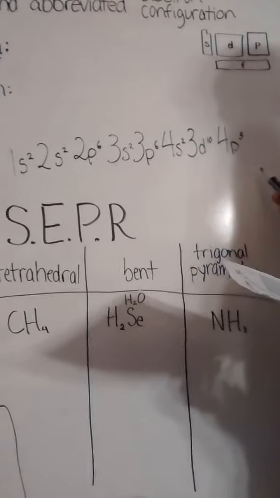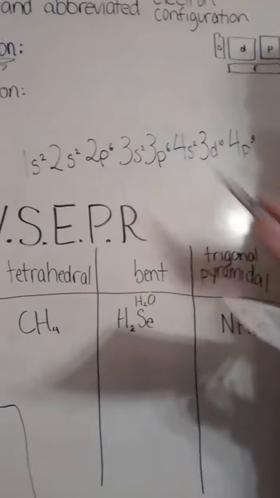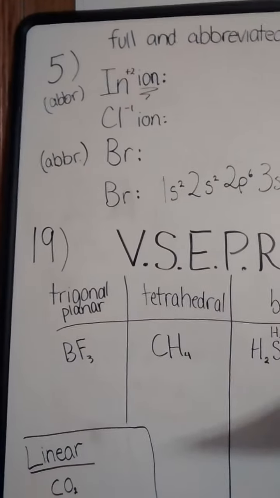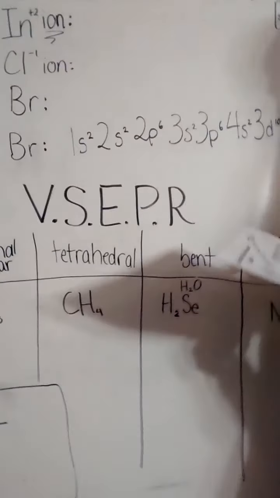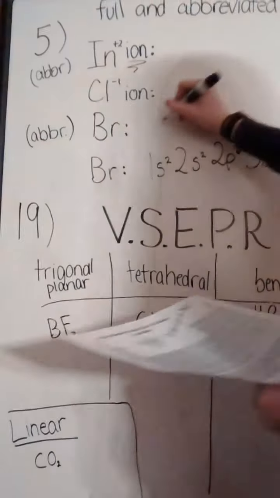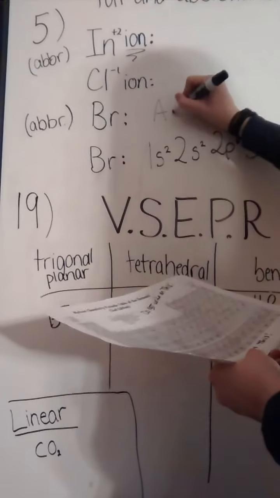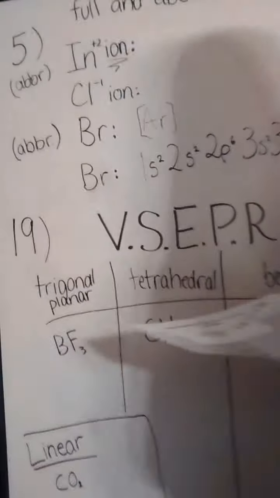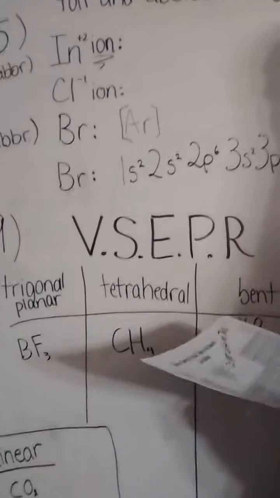Anyways, that's bromine. The full form, then the abbreviated form, also called the kernel method, is where you start with a noble gas and then work your way to the element. So when you go backwards, the closest noble gas is argon. So we're going to put that in a little parentheses here. And then you say, how much do I need to get to the bromine?